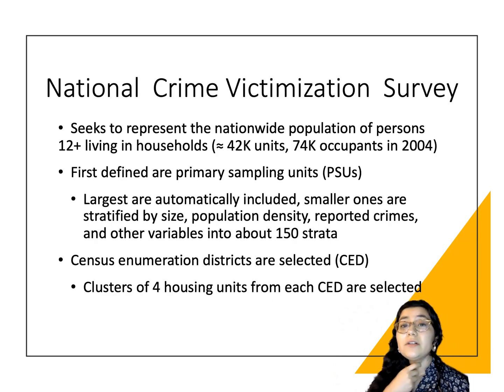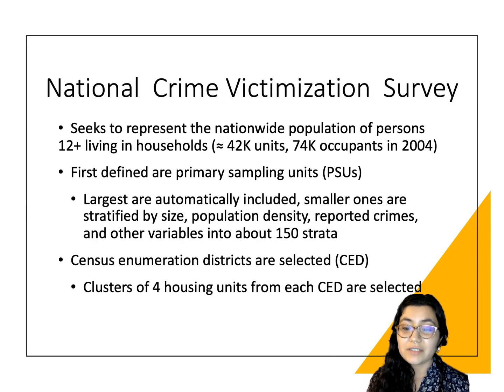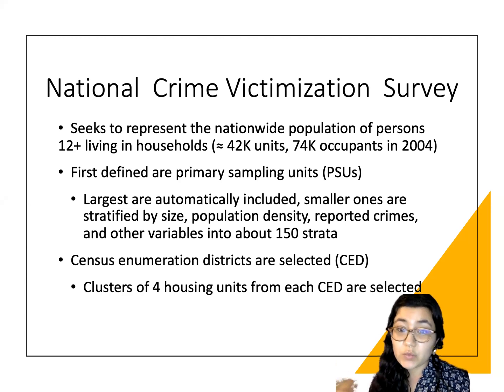So an example of multi-stage cluster sampling with stratification is the National Crime Victimization Survey. What happens is they're trying to represent the nationwide population of people 12 and plus living in households.